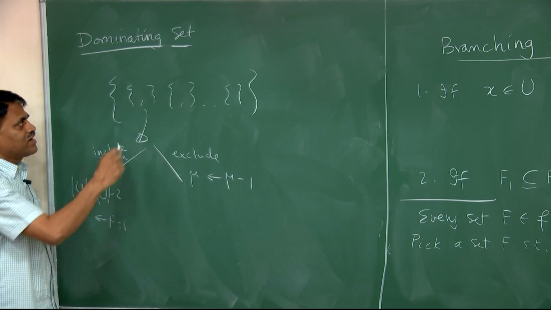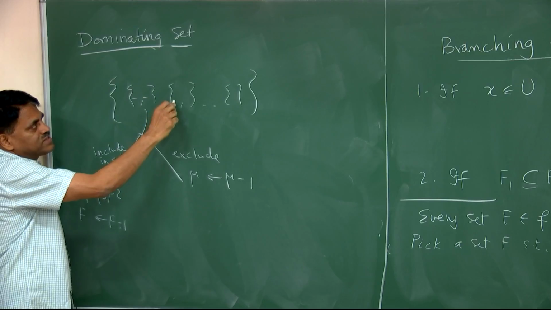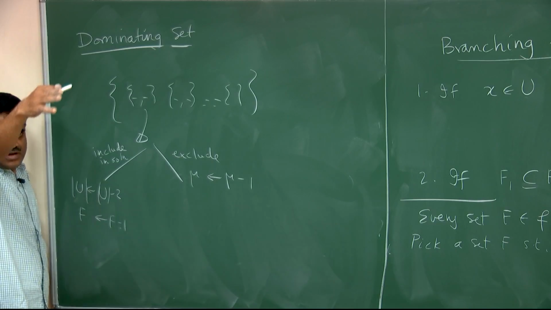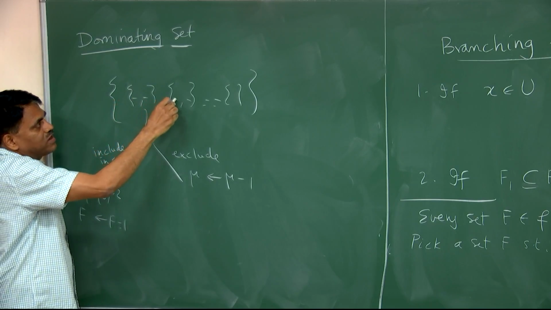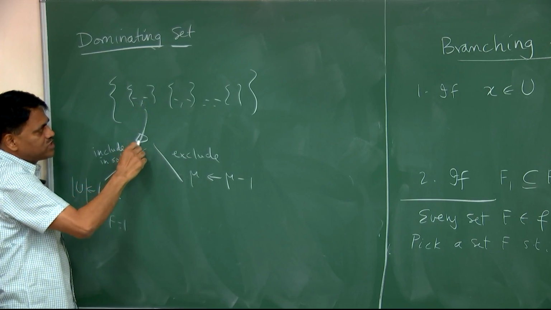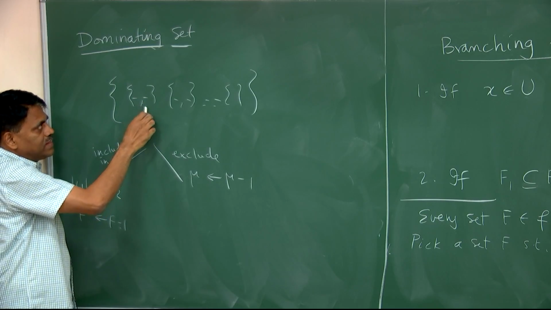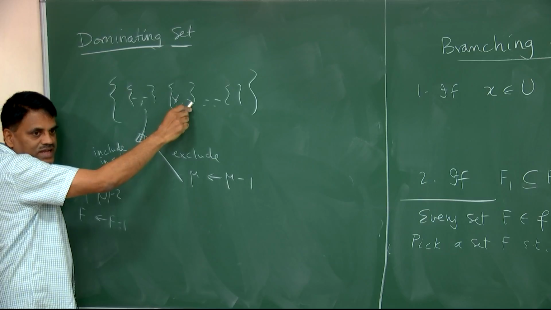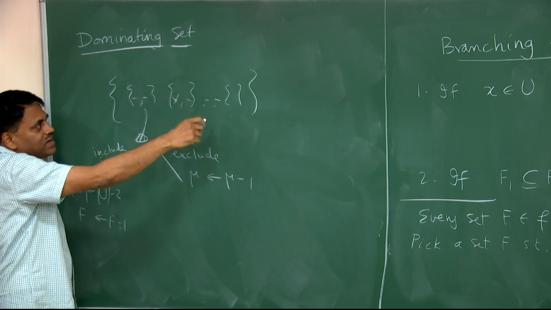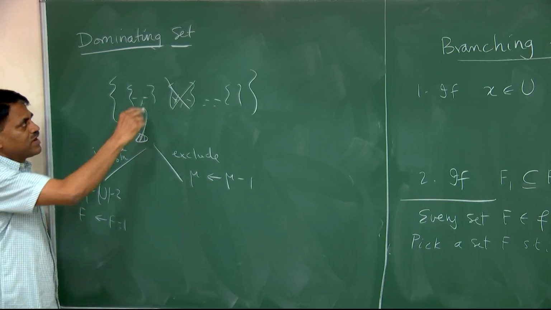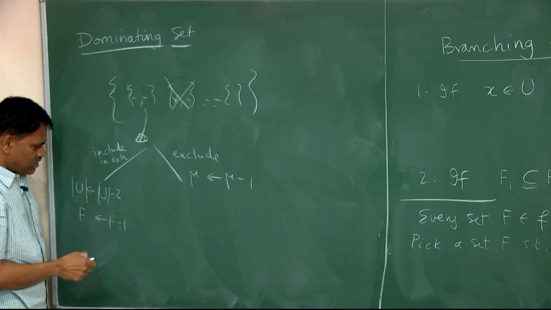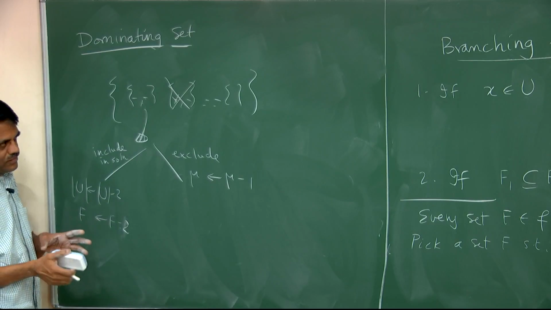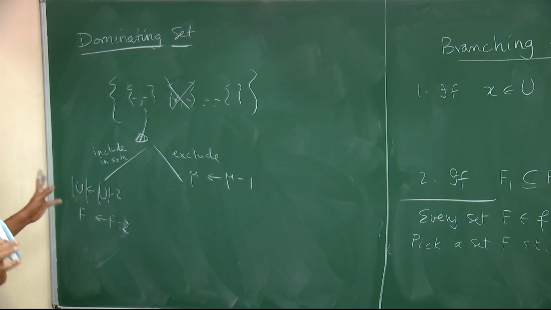But then I use the fact that these 2 elements are also appearing somewhere else, because we said every element appears at least twice. So this element may appear somewhere here. Once I pick this set into the solution, it covers that element, so I can remove it. That means the other element becomes a singleton, and we have a way of getting rid of the singleton, so this set will also go away. Similarly for the other element, so at least one more set will go away and I get a branching factor of 1-4.